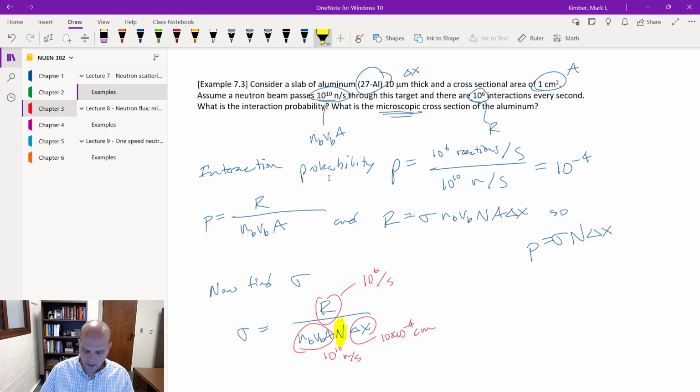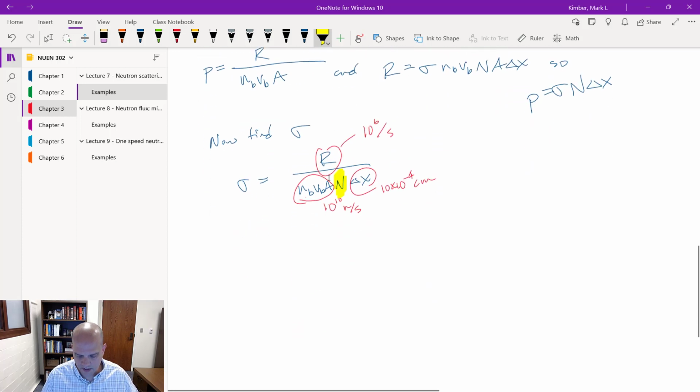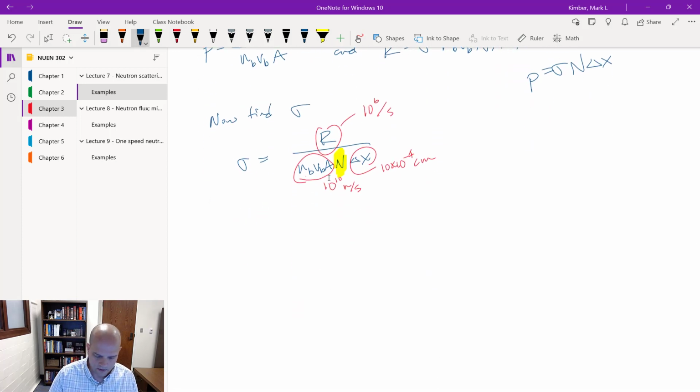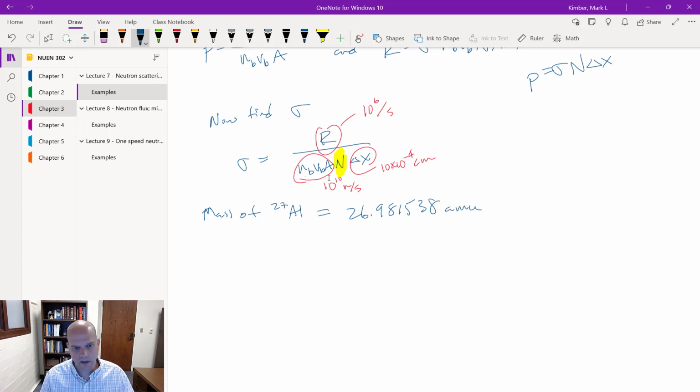So if we go and look up the mass of aluminum 27, then we'll find out that it's going to be 26.981538 AMU. And we can go to any nuclide chart, or we could go to the functions that we've made to look this up.